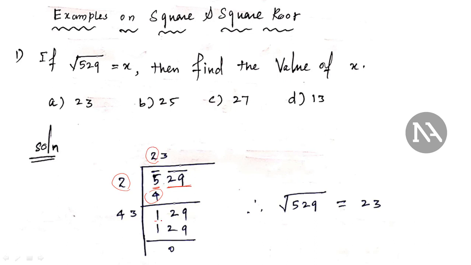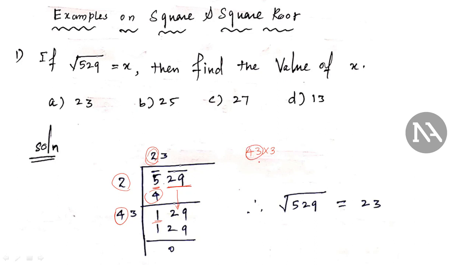Then the remainder is 1. I have to bring 29 below and double this number. 2 has to be doubled, so it is 4. Then I have to find the number which should be combined with the 4 and also multiplied with the combination, right?